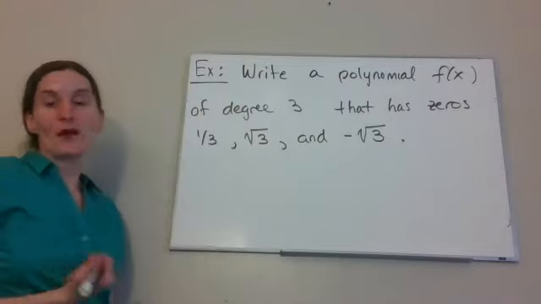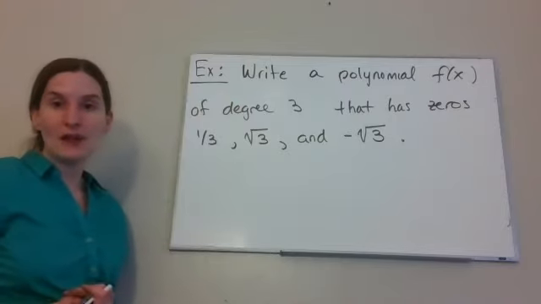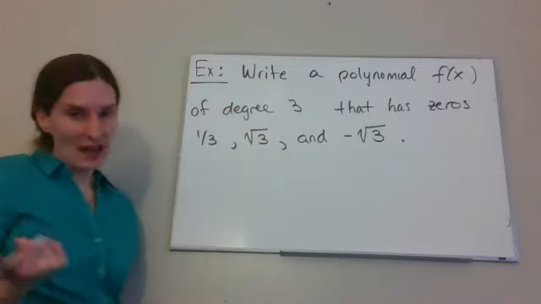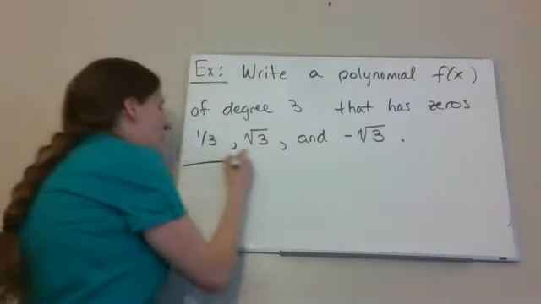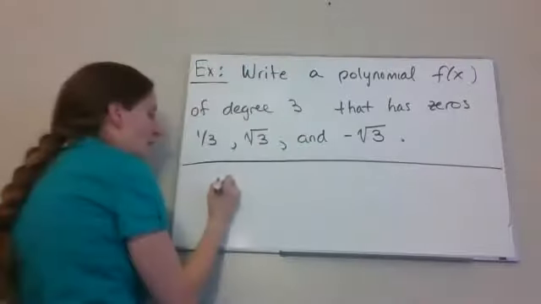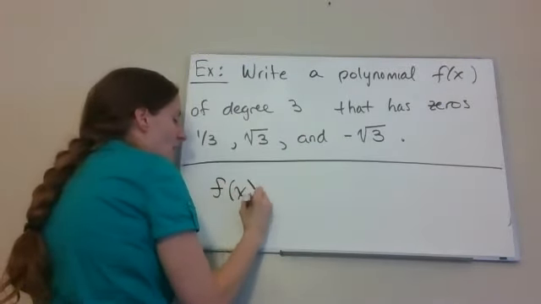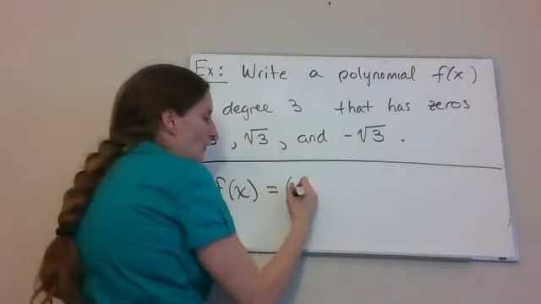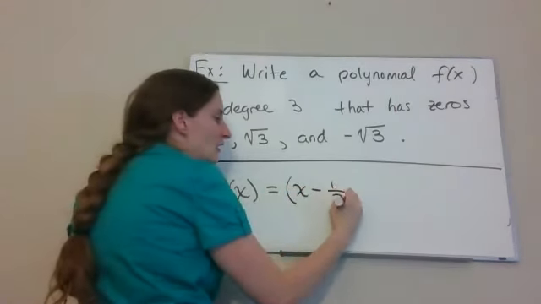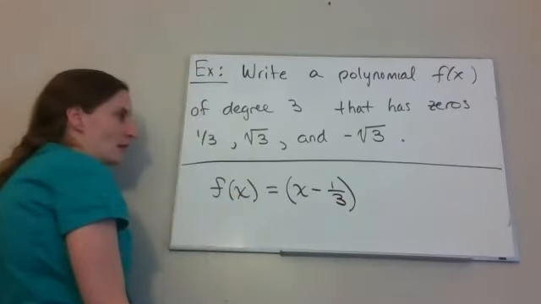Well, we know from our factor theorem that when you have a 0, c, then x minus c is a factor. So the first thing I'm going to do is write an equation for my function f of x completely factored. I have a 0 of 1/3, so that means I have a factor of x minus 1/3.